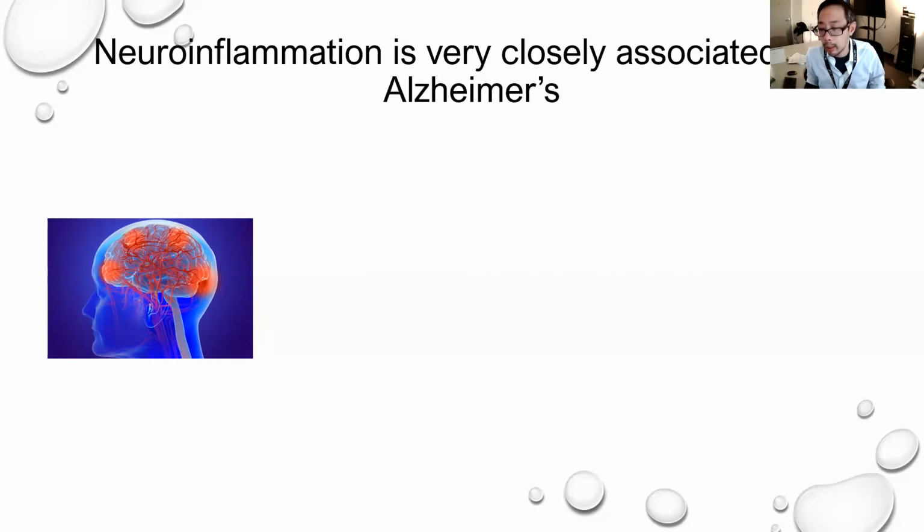This is very apparent that once A-beta levels build up, we start to see significant activation of microglia and astrocytes.